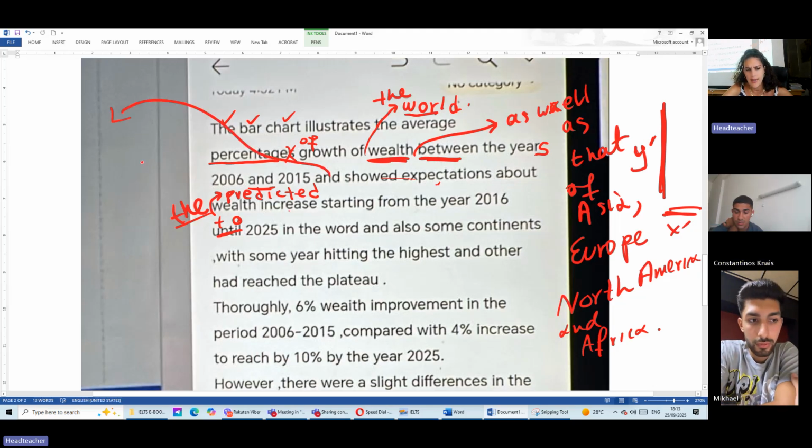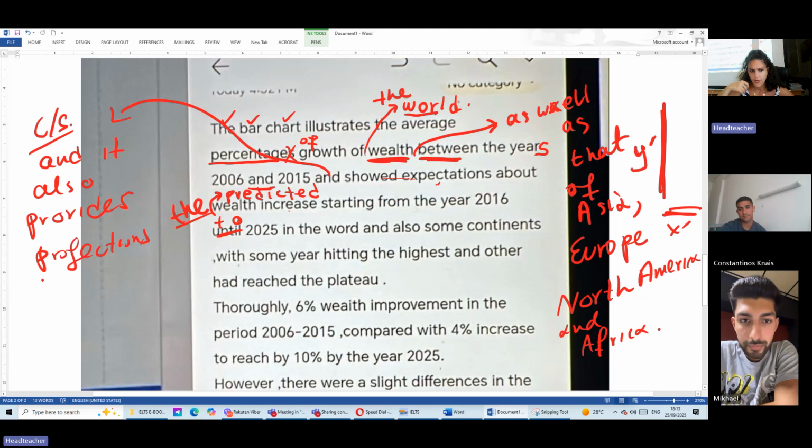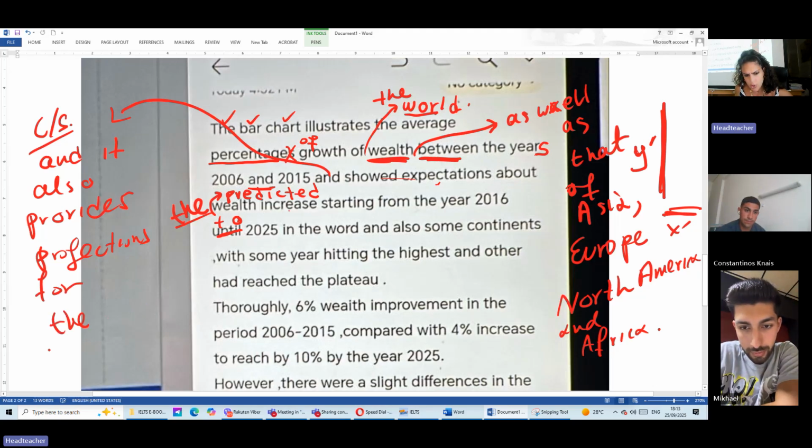Yeah, that's amazing. I like it. And I will write it down. And it also provides, that's Constantino's version, and it also provides projections for the wealth increase. This is what you said, yeah? Yes.